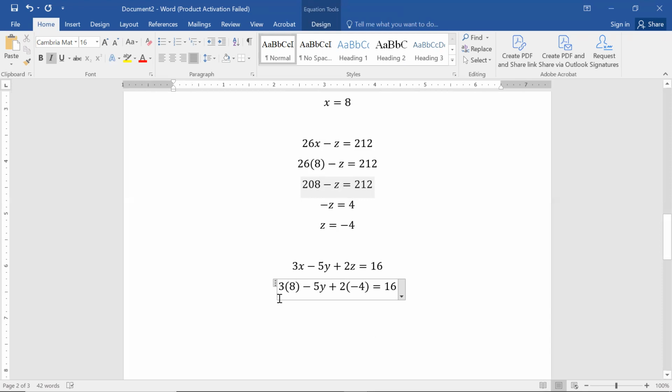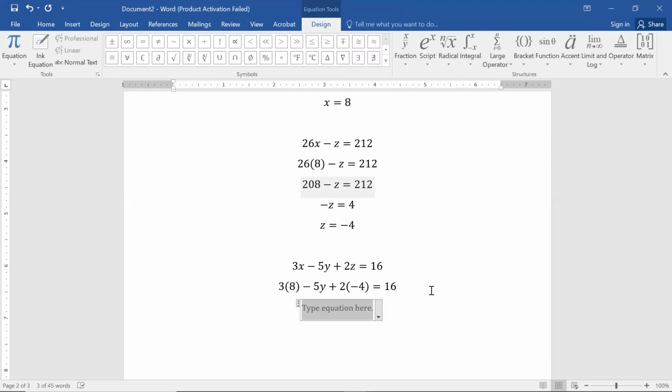When you take 3 times 8, you get a 24. When you take 2 times negative 4, you get a negative 8. 24 minus 8 is 16. So it ends up as negative 5y plus 16 is equal to 16.